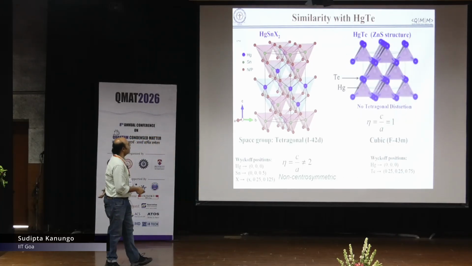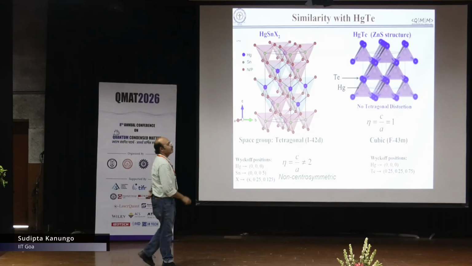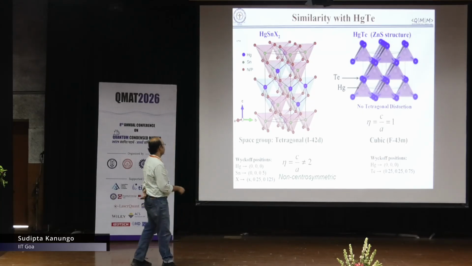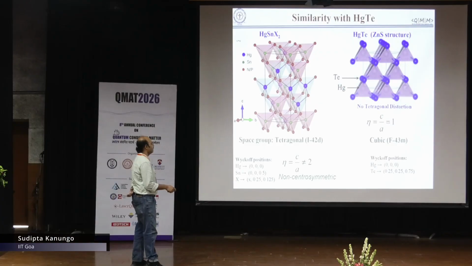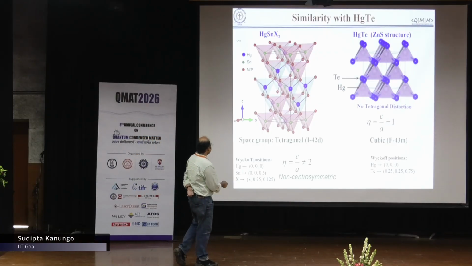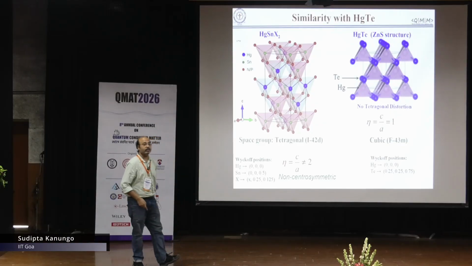Now, this is very similar to a standard ZnS structure. The only difference is that it is not a cubic system, it is tetragonal, so the c by a ratio is not 1, and also it is a non-centrosymmetric structure.